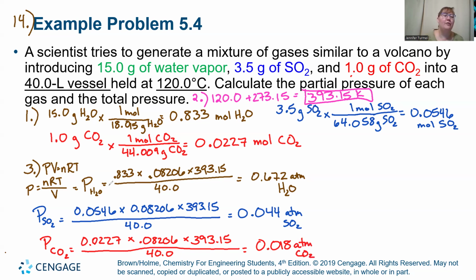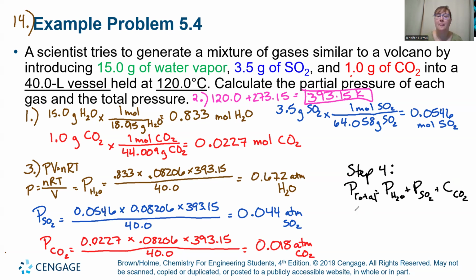Now your very last step, step 4, is to use Dalton's law to solve for your total. Remember, P total is equal to the pressure of H2O plus the pressure of sulfur dioxide plus the pressure of carbon dioxide.